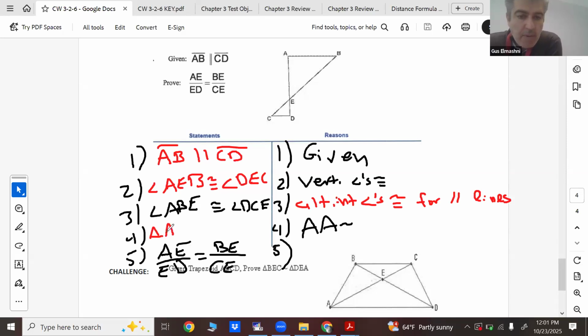So you could say, however you want to say it, if I say it's ABE, I have to line it up. It's similar to triangle CDE. Yeah, correct. ABE to DCE.